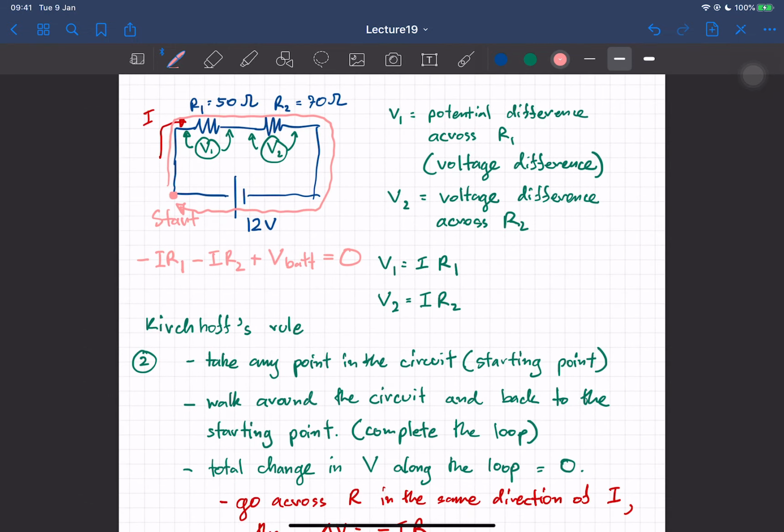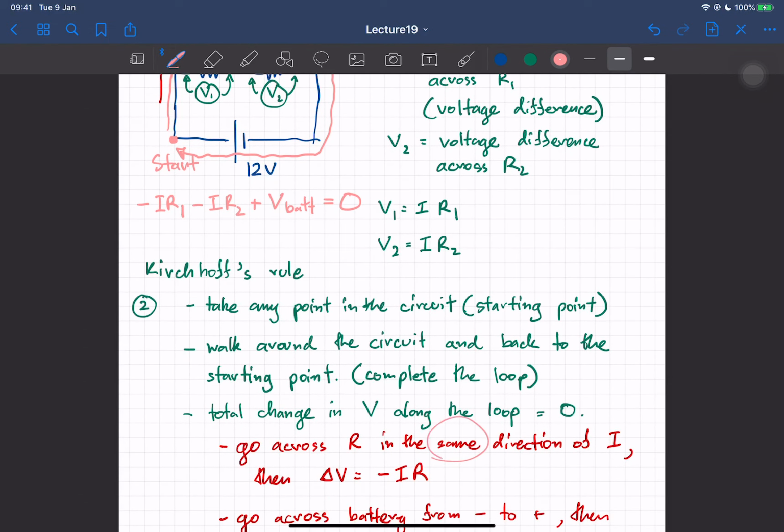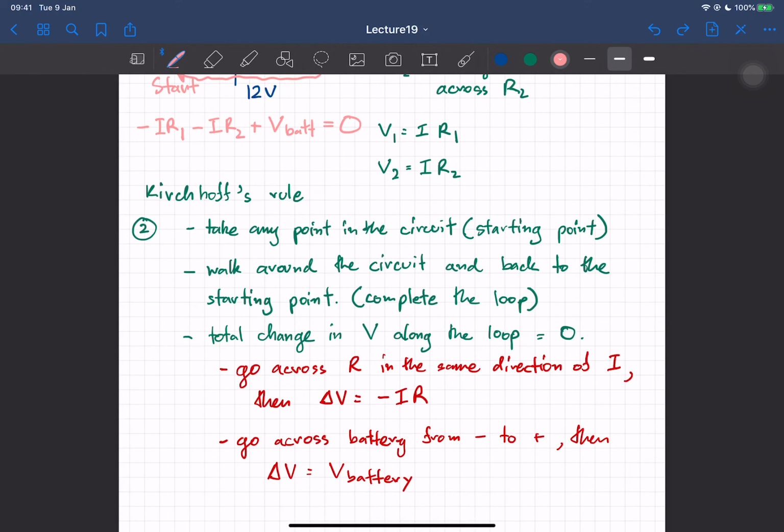If you go across any resistor in the opposite direction of the current, then you just flip the sign here. And if you go from positive to negative of the battery, you also put a minus sign.